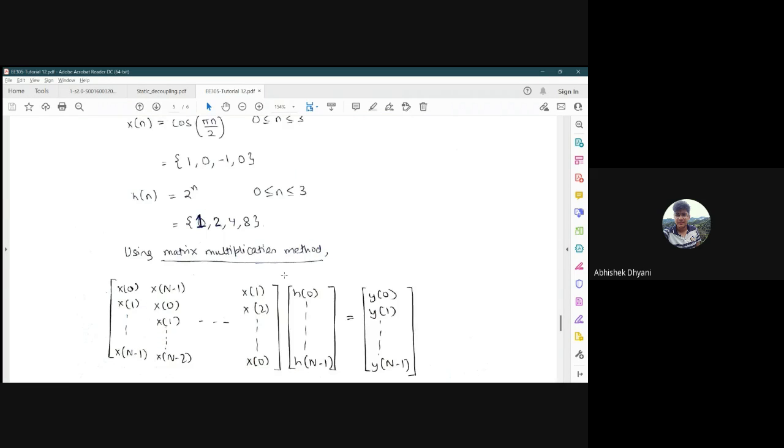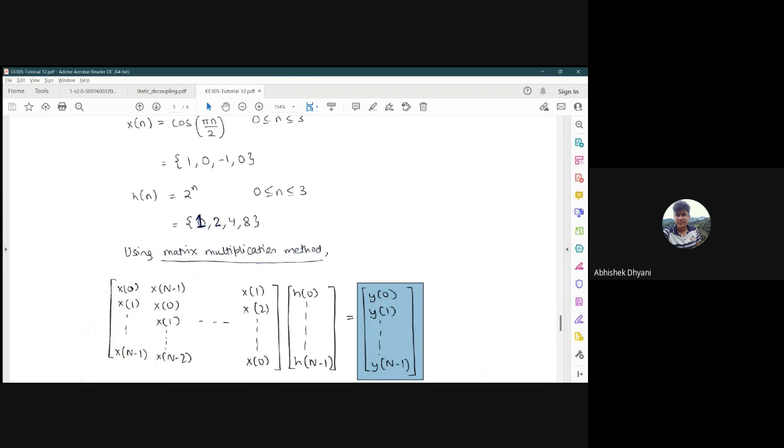And the second vector is just the elements of h kept in a single column, so it will be h0 to h of n minus 1. I will take this matrix-vector multiplication, and this will give me a vector, and this vector will be the resulting sequence obtained by circular convolution, right?